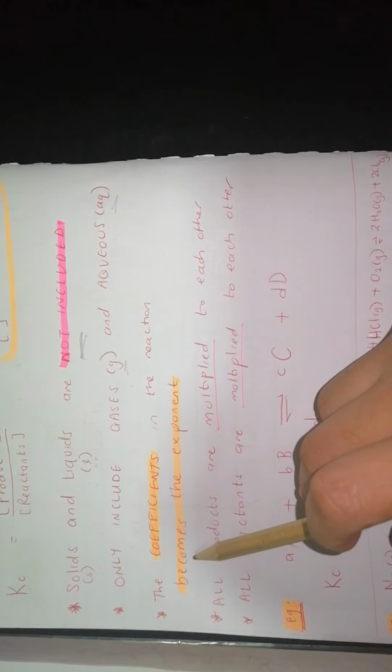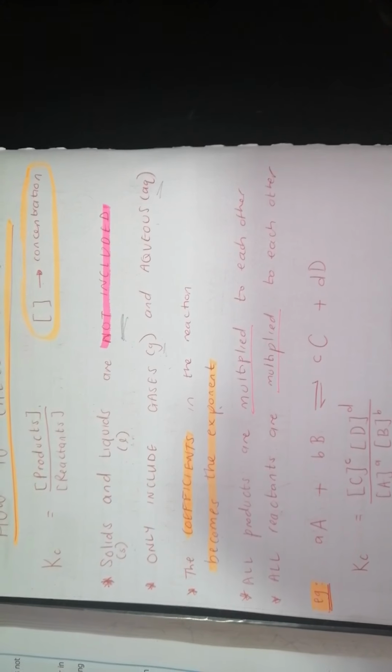Right, now when you are doing a Kc value, or even when you're working out equilibrium concentrations like how we did in that table, the coefficients which you get from balancing a chemical equation are extremely important. And the reason why coefficients are so important is because the coefficient becomes the exponent when you are actually calculating the Kc value.